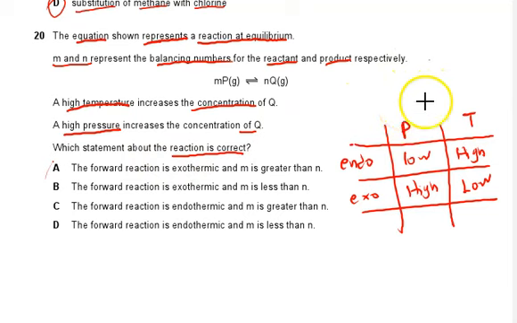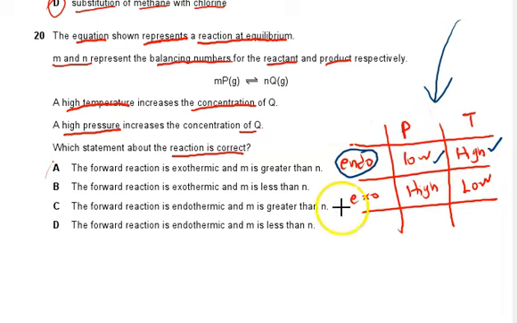For the rate of reaction, this is the general formula that I used. For endothermic, it is absorbing heat, so your temperature should be high and the pressure should be lower to increase the yield. For exothermic, since it is already releasing heat, it doesn't make sense for the temperature to be high. So the temperature should be low and your pressure should be high. This is to increase the yield.